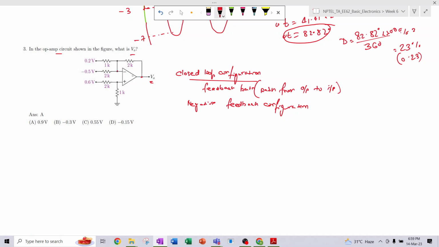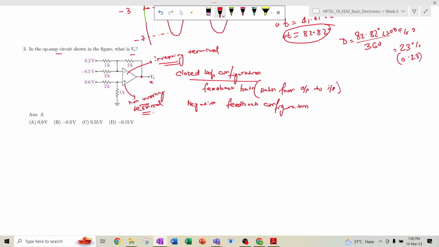Because the output to input connection is at the inverting terminal. So this minus terminal is known as the inverting terminal, and this plus sign is known as the non-inverting terminal.